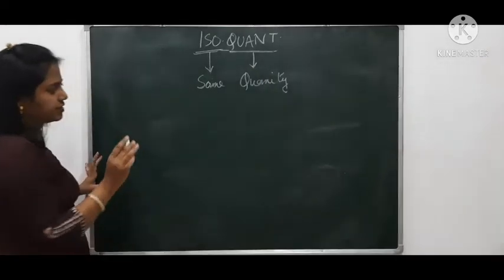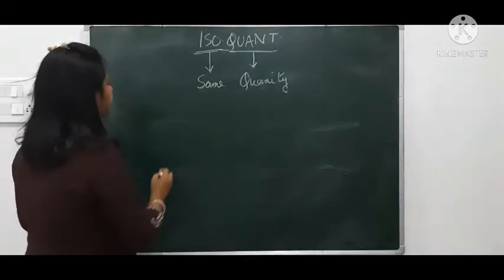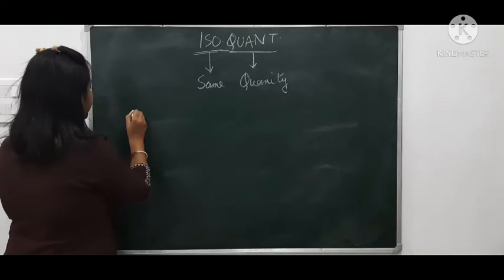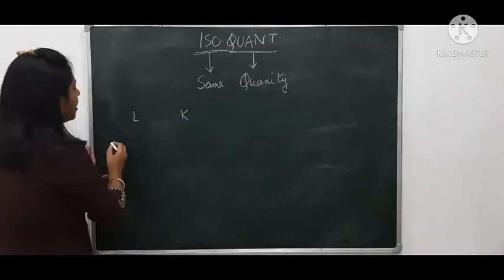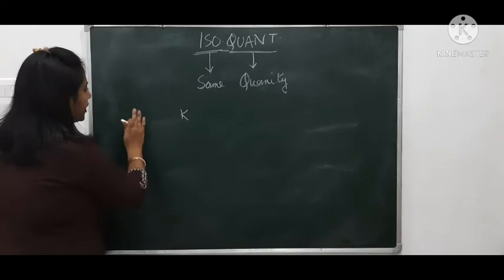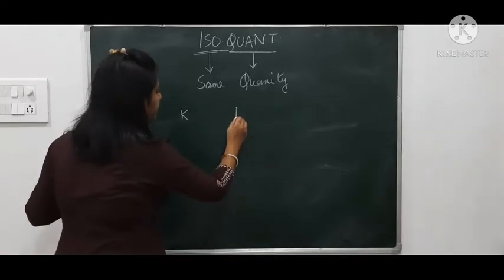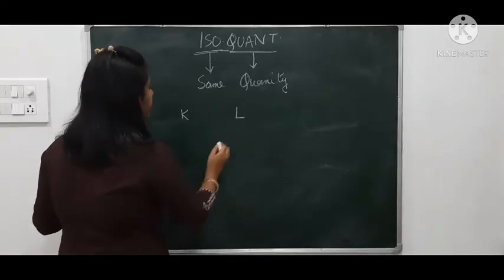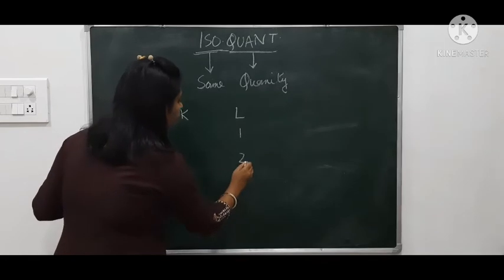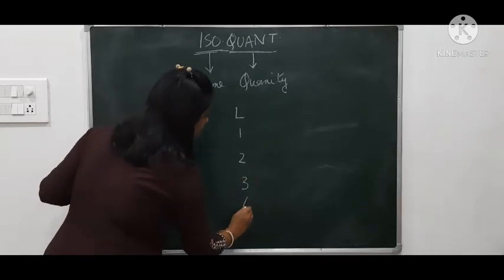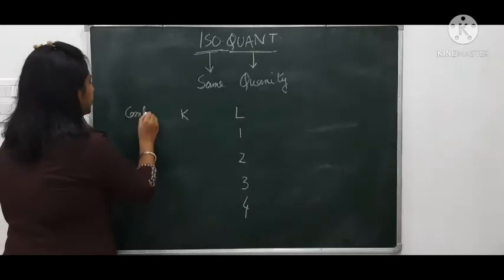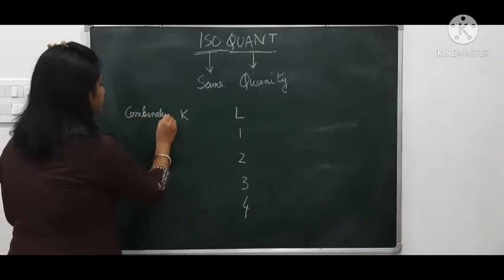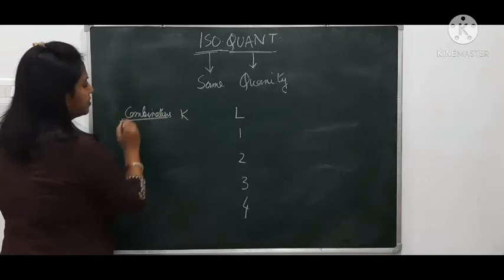Now knowing this, let me show you something. Suppose I have labor and I have capital. I'll write here capital and here labor. I have 1, 2, 3, 4 combinations.